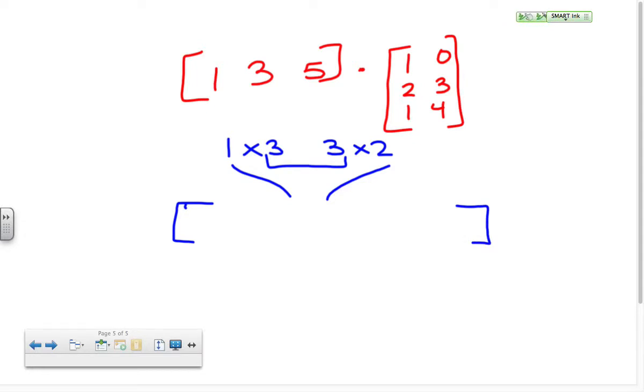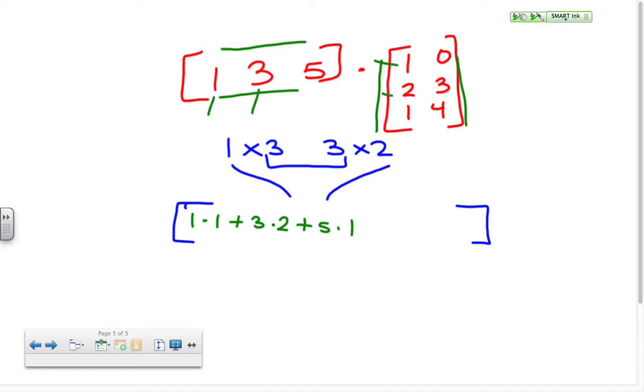So let's start. Obviously it's always row by column. So row by column, then row by column. I'm going to go 1 times 1 plus 3 times 2 plus 5 times 1. So again, pointing: 1 and 1, 3 and 2, 5 and 1.